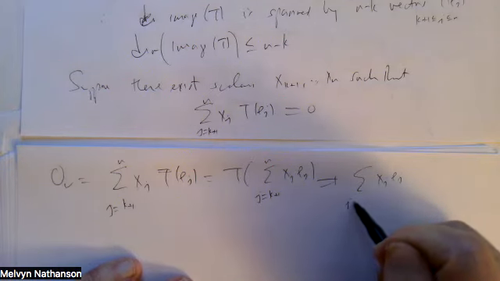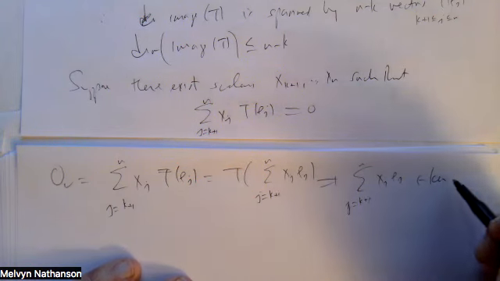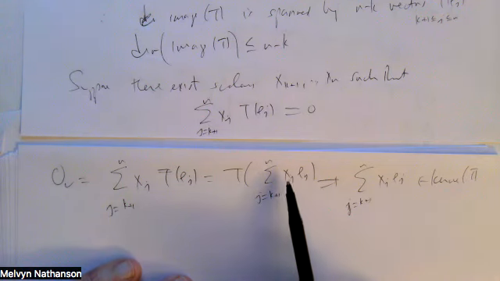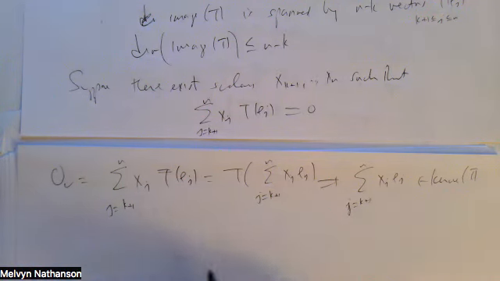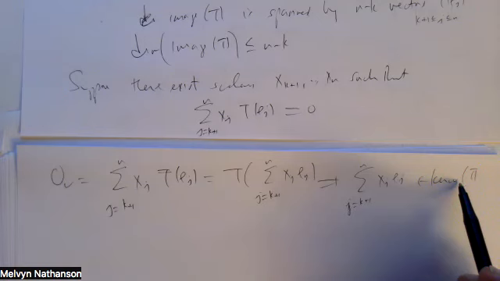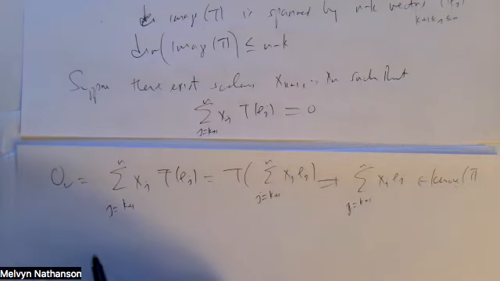But this means that this vector, xj, ej, summed from k plus 1 to n, is in the kernel of T. The kernel of T is the set of all vectors that T maps to 0. And the kernel of T has a basis, E1 up to Ek.